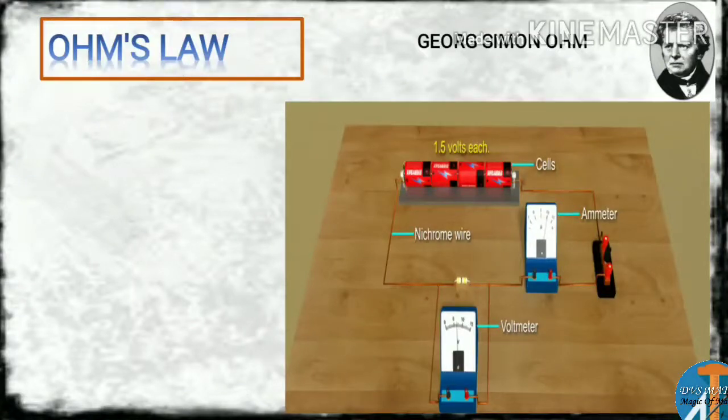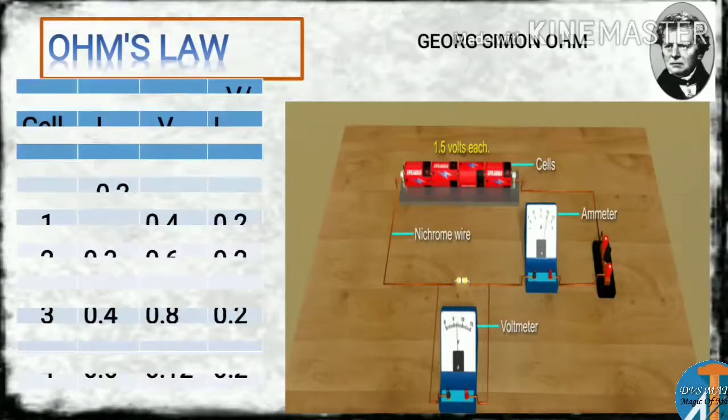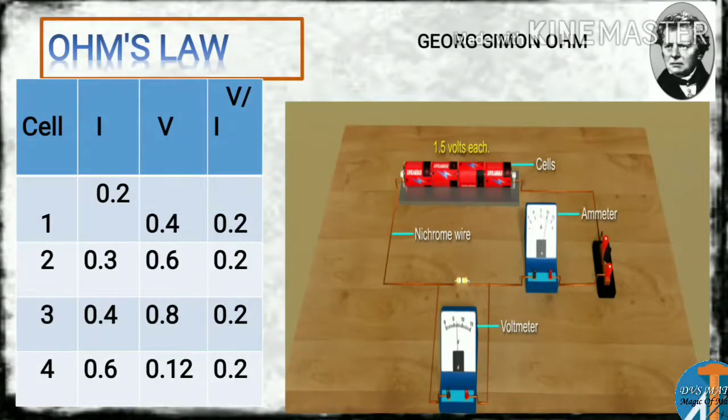Here we have 4 cells together, but before that he used to check the current and the voltage in the ammeter and voltmeter using individual cells. Observe, his observation was like this.